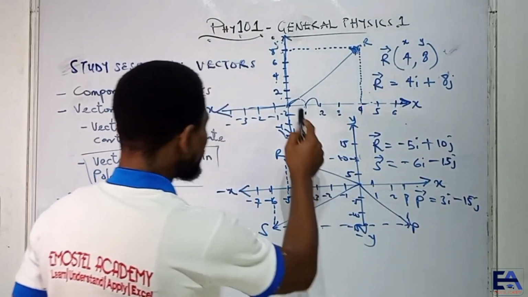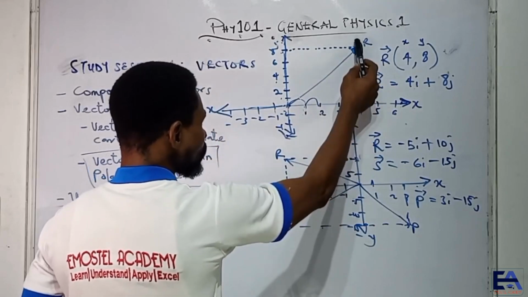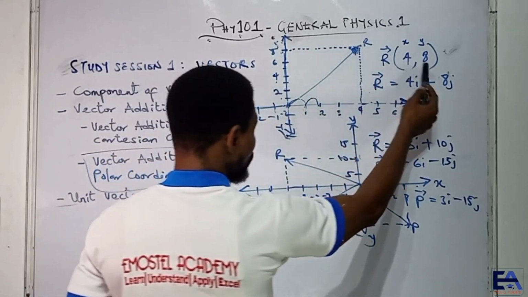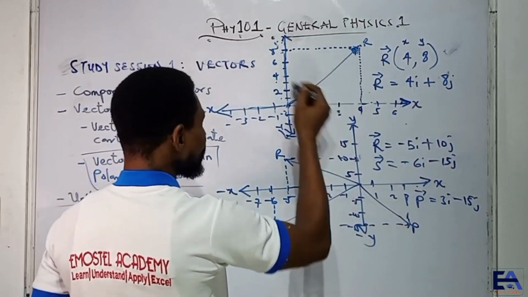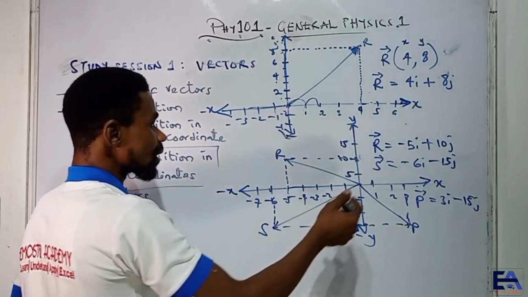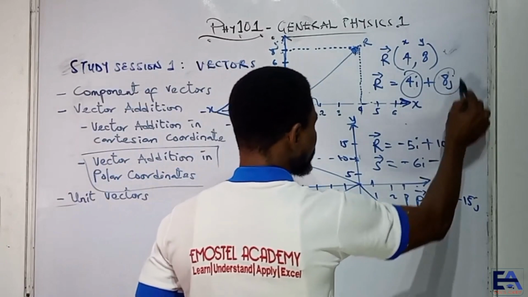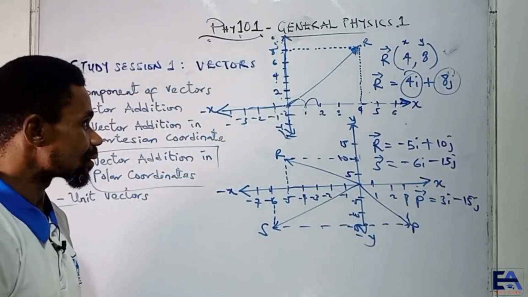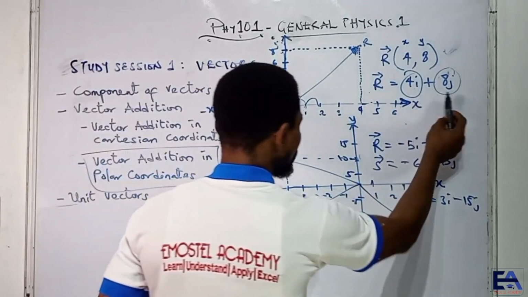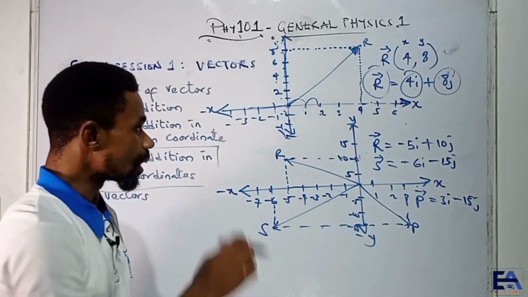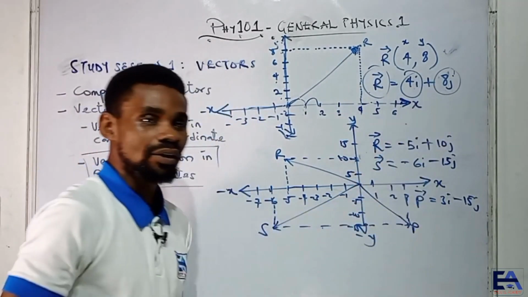Vector R, for instance, like this, has some impact on the x-axis, some impact on the y-axis, which is a component, and that's what we have represented here. So the overall impact of vector R is represented by the addition of its impact on the x-axis and its impact on the y-axis. So when you add two vectors together, you get what we call the resultant vector.